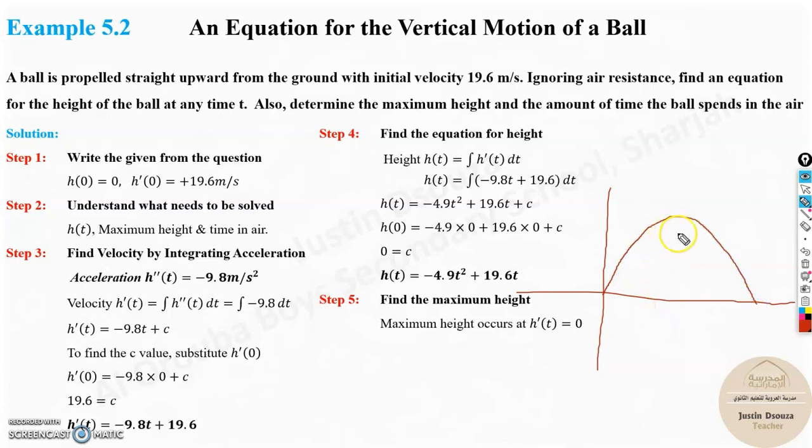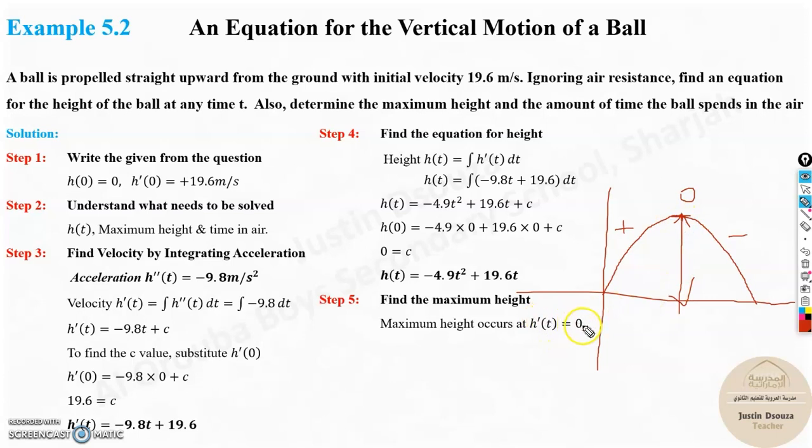So when is the height maximum? See, the velocity is increasing, and after a certain point it will start decreasing. All this position over here it's plus, here it's minus. You can see the slope plus and minus, right? When is it maximum? When the velocity is 0. Whenever this particular point where it is null, in the sense it changes from plus to minus at 0, that is the maximum height.